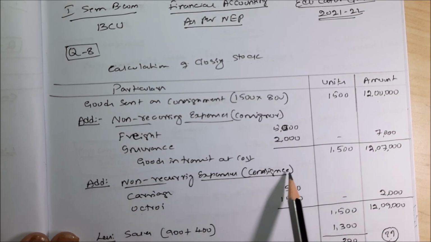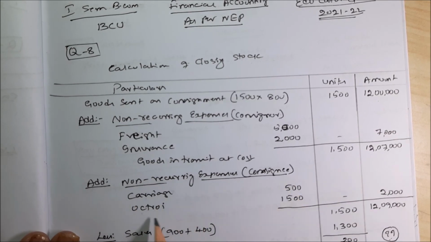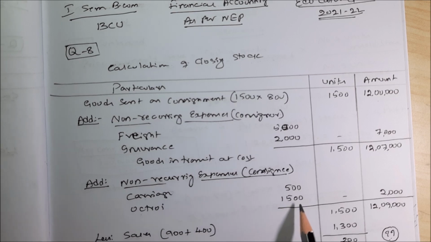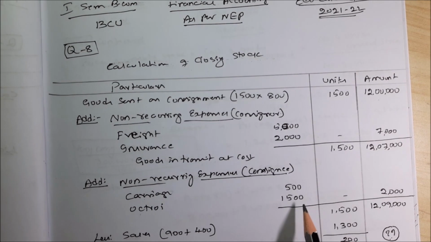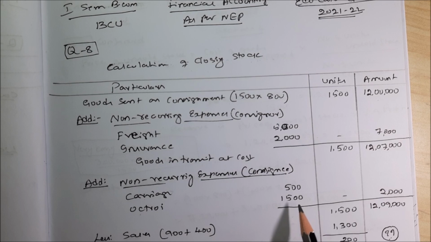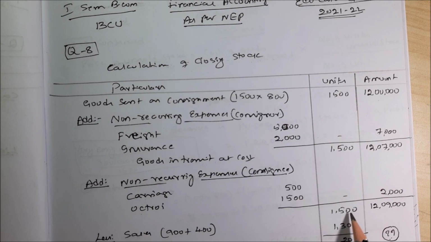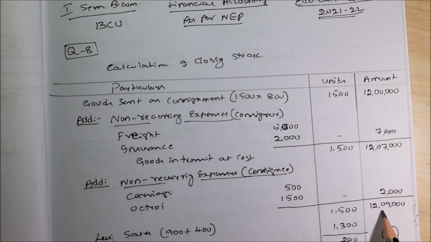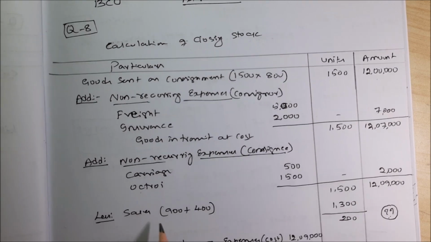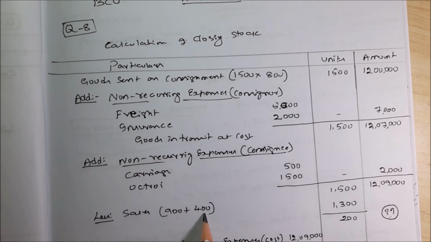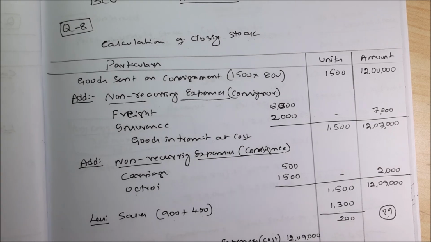Add non-recurring expenses of the consignee: carriage 500, octroi 1500. I have not taken rent because rent is not a non-recurring expense, it is a recurring expense. So 500 plus 1500 comes to 2000. So for 1500 units, it comes to 12 lakh 9000. Sales: he has sold 900 plus 400, how much is it? Actually 1300.